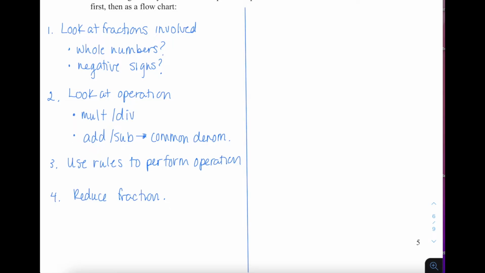So now let's write this as a flow chart. So I like flow charts because I like visualizing the steps in this way. So the first thing we're going to do is look at our fraction, or fractions involved. And then we're going to ask ourselves, are there any whole numbers?